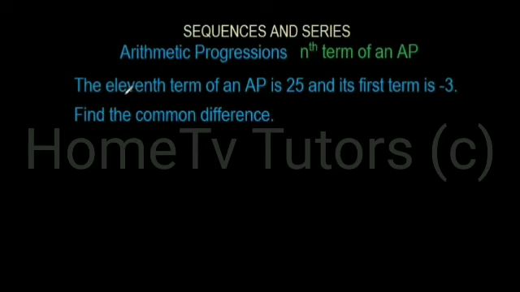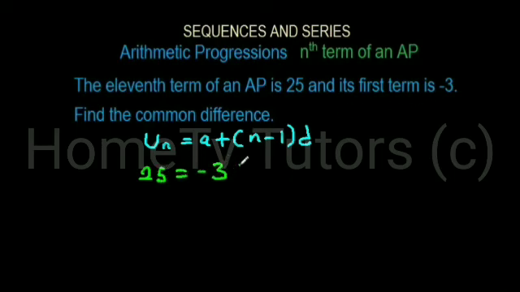Another question. The 11th term of an AP is 25 and its first term is minus 3. Find the common difference. Still, we use the nth term formula, which is equal to A plus (n minus 1)D. The 11th term is given as 25, and the first term is given as minus 3.